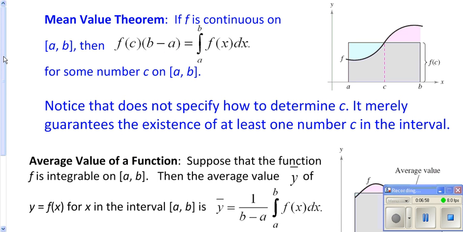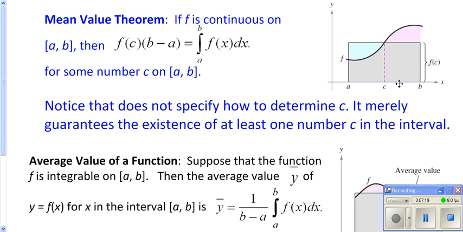The mean value theorem. The right side says it has to be continuous. The right side is really just the area underneath your curve. That's the pink area. What we have over here is just the area of a rectangle. The rectangle has to have the same width from B to A. That's what this is saying.